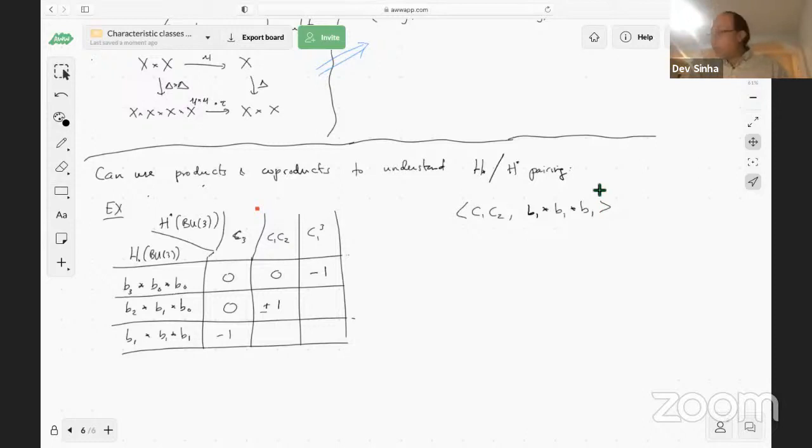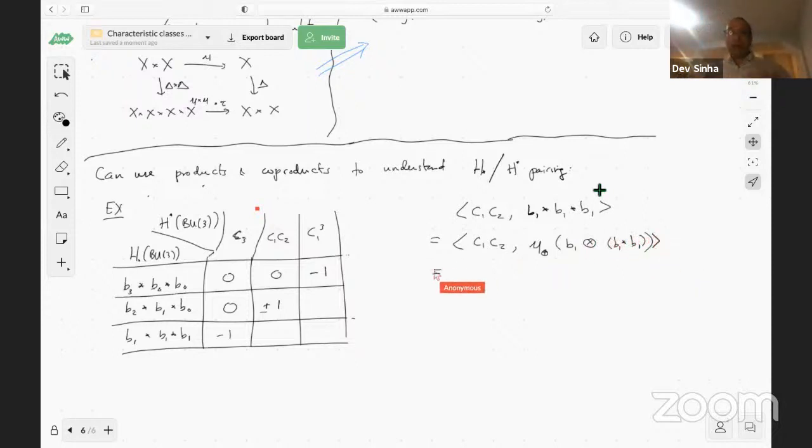Okay, and you can think of it either way. There's the Whitney Sum Formula. I prefer to start using some of the formalism of pairings. So this is C1, C2 on the direct sum multiplication of B1 with B1 star B1.